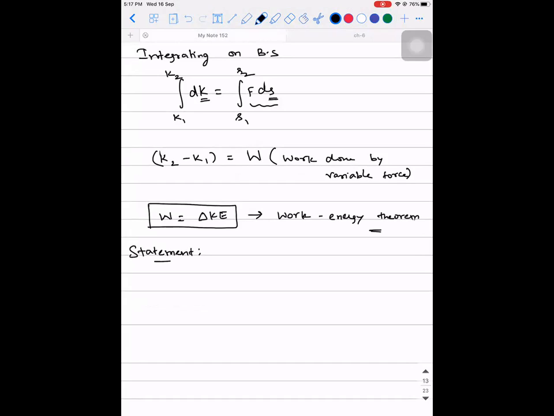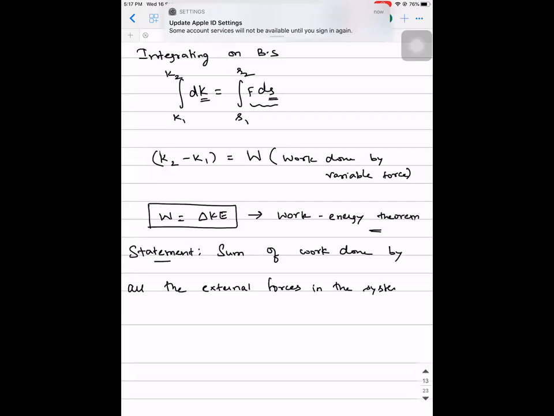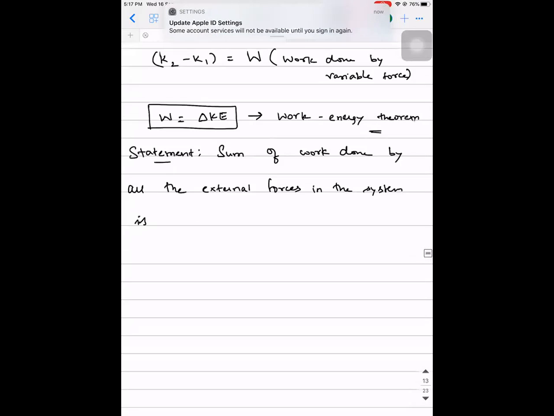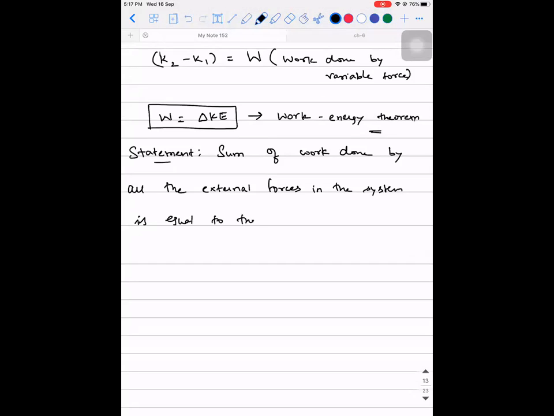Sum of work done by all the external forces in the system is equal to the change in kinetic energy of the system. So this is the statement for the work energy theorem.